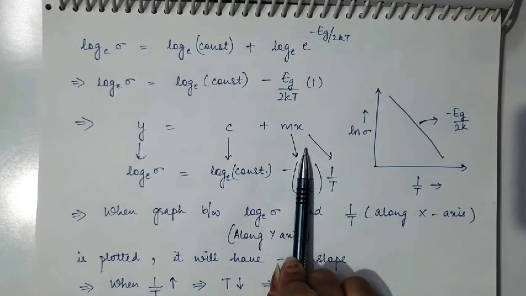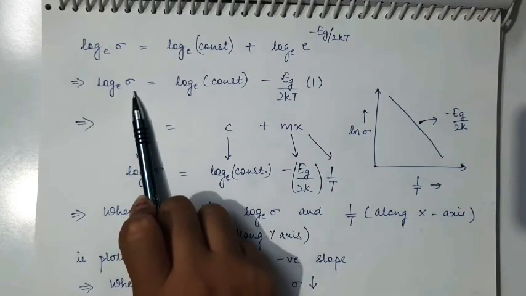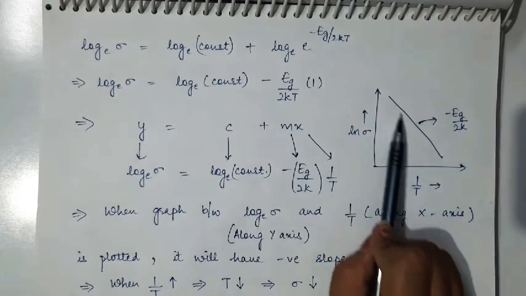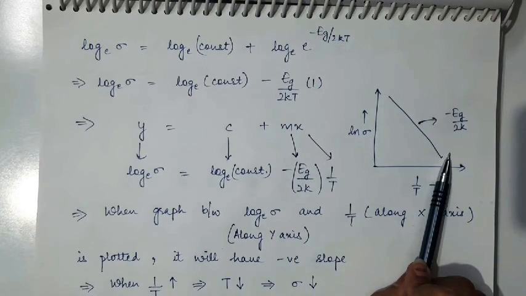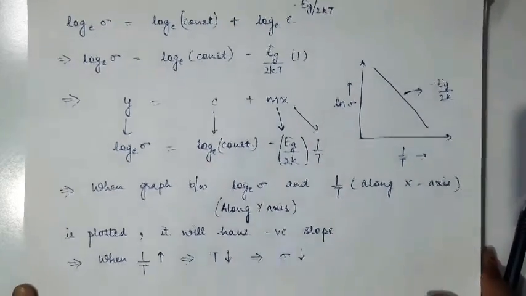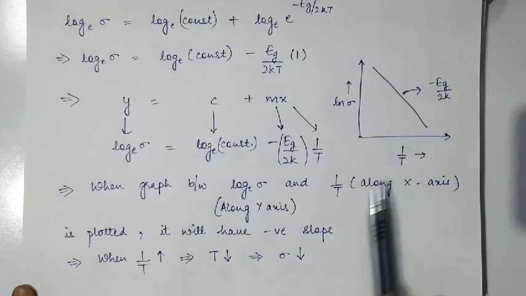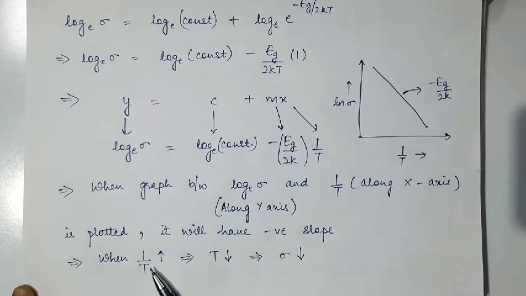It means the graph between log of sigma and 1/T will be a straight line graph with negative slope. So from this we can conclude that along x-axis, as 1/T increases along positive x-axis, it means T will decrease.